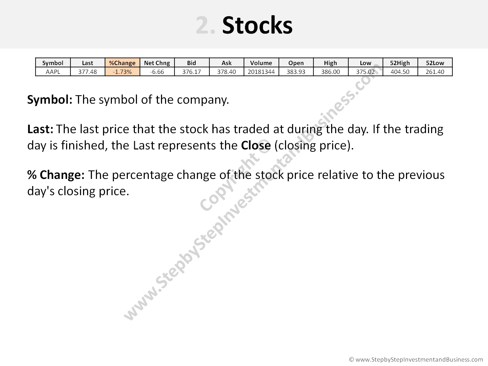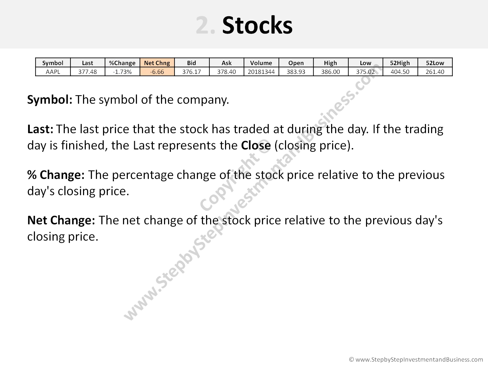So, 377.48, which is the last, that is the current stock price, is 1.73% below the value at which the stock closed the previous day. On the other hand, the net change column indicates the net change of the stock price relative to the previous day's closing price.